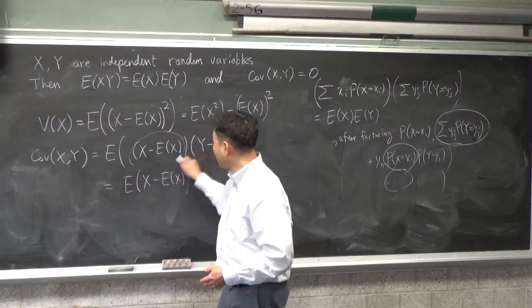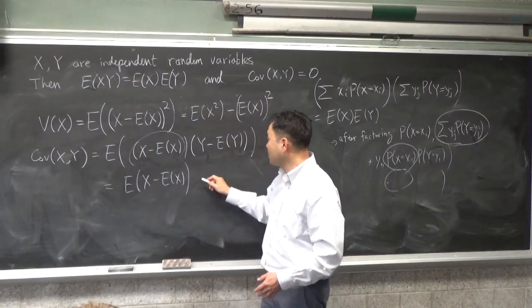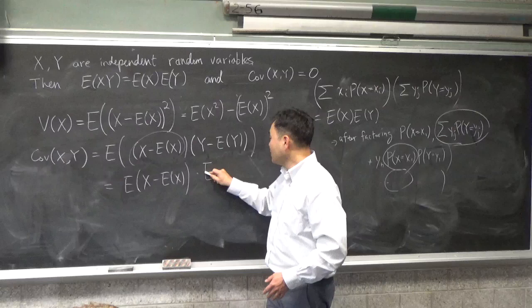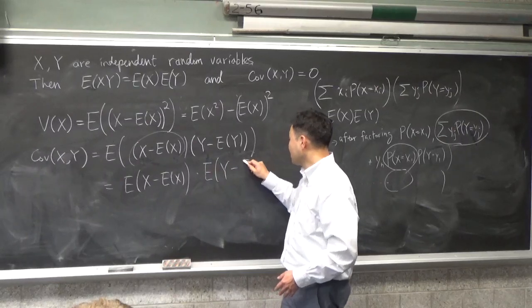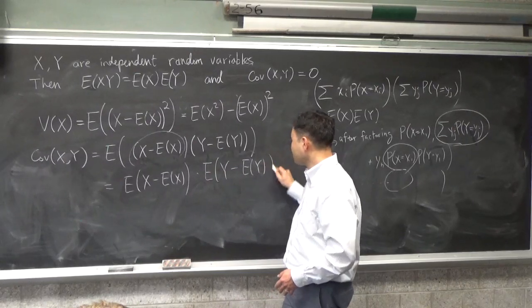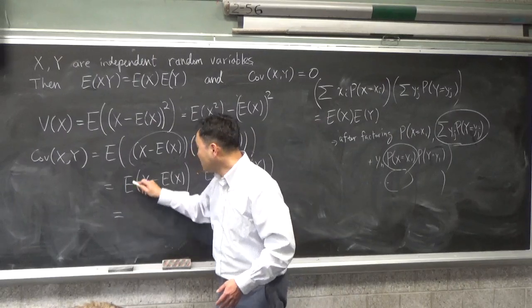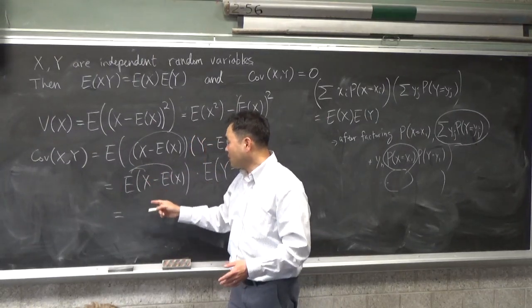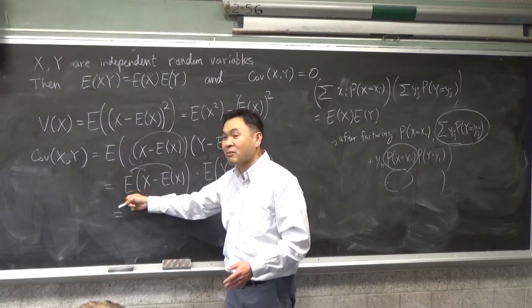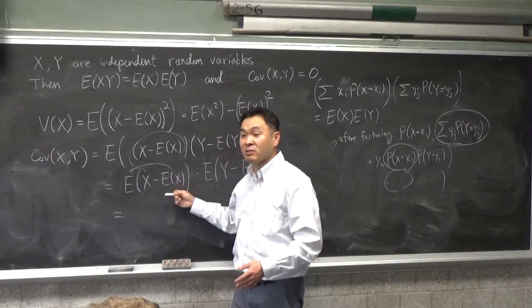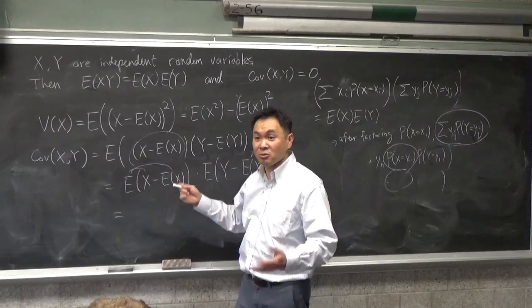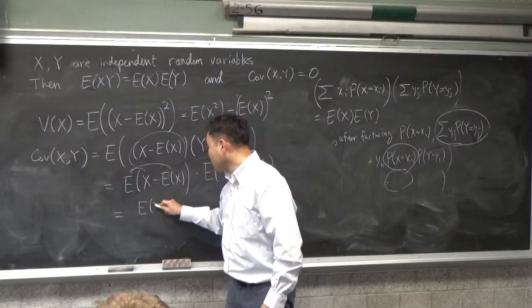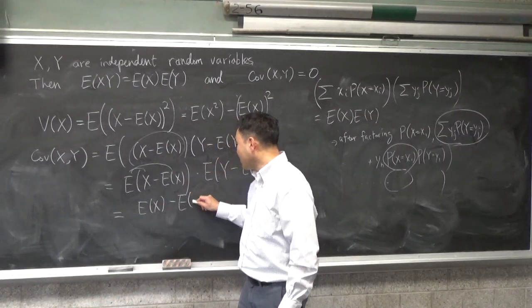So I can just take the expectation value of this quantity times the expectation of Y minus EY. Because if you have two independent things and you're taking the average of the product, you can take the averages of each individual thing. So you have E of X minus E of X.